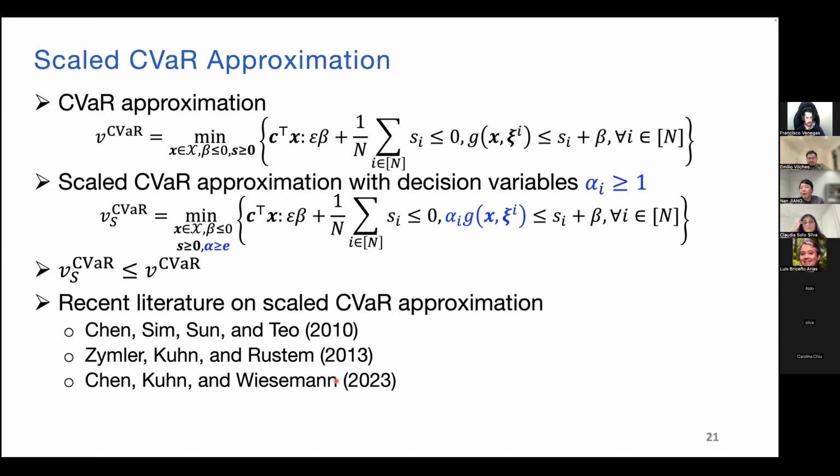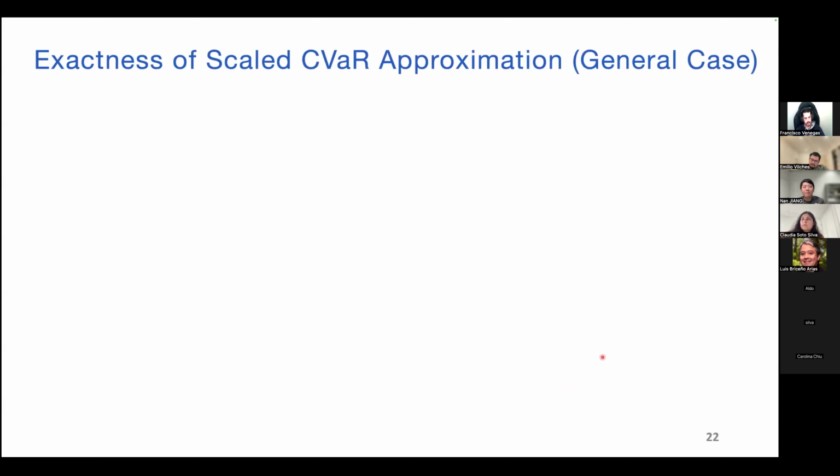But none of the papers try to answer the question: what is the relationship between the scaled CVaR and the original optimal solution? Is it possible to provide conditions such that the scaled CVaR is equal to the original problem? So we provide two conditions, and the first one we call a very general condition.